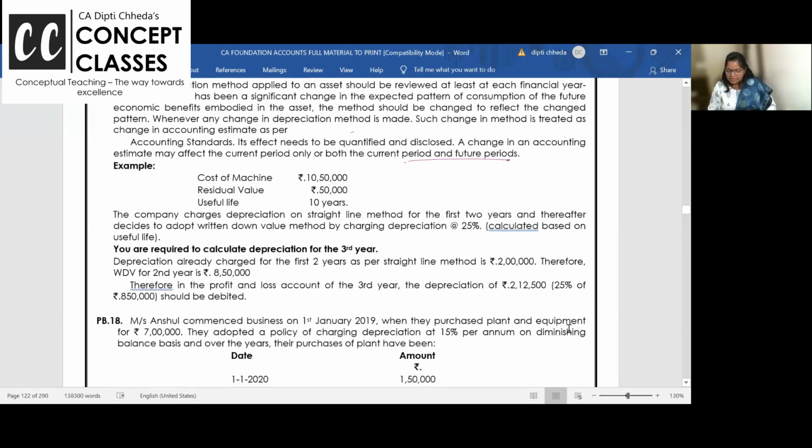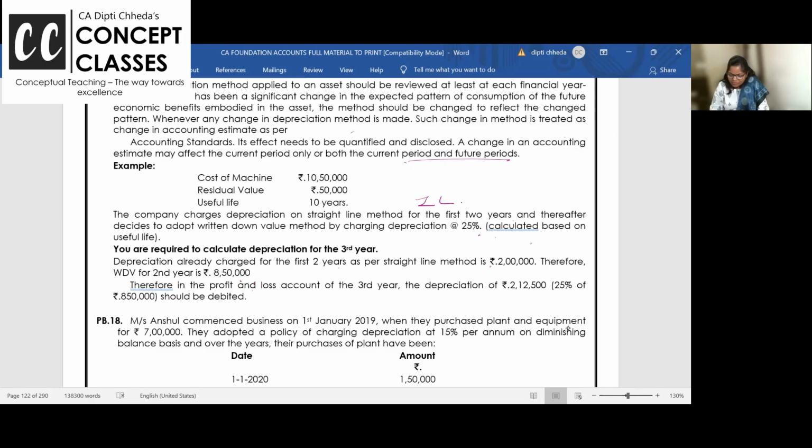Okay, right. Like company charges depreciation on SLM for the first 2 years. 10 lakh minus 50, so 10 lakh divided by 10. So yearly depreciation is 1 lakh for 2 years. WDV for charging at 25%. Now depreciation already charged is 2 lakh, 1 lakh, 1 lakh. Therefore, value of the asset is 850. And now onwards, if you want to charge on 850, 25%, you charge it.